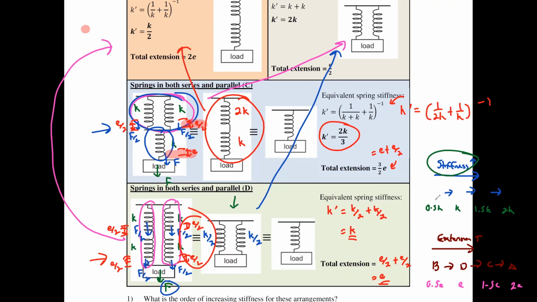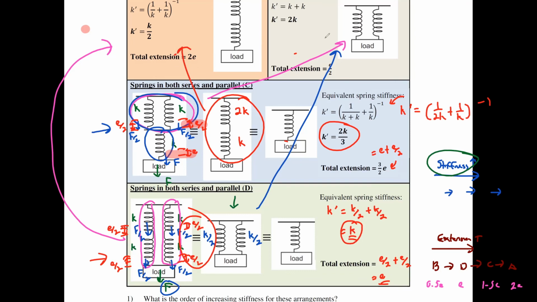Smallest stiffness here is actually A. No. Smallest stiffness here is A, right? Or no, 2 over 3 is 0.68. Wait, there's something wrong with this one.